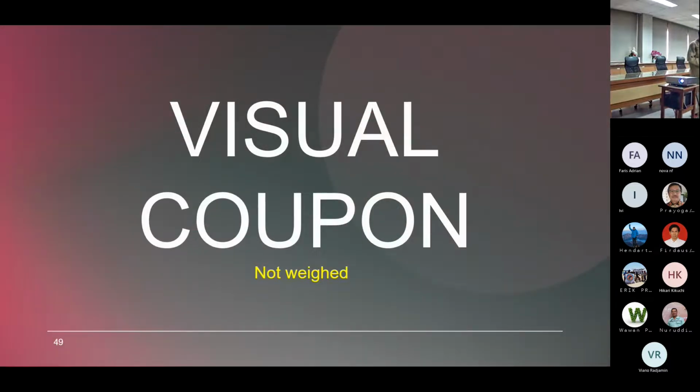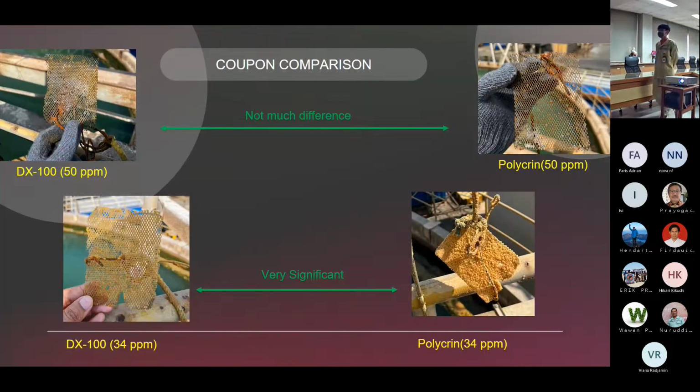Because some data is invalid, we just give a conclusion. The conclusion is the visual coupon, but the visual coupon is not conclusive yet because we don't have enough time for that. So next, talk about the DX100 and polyclean at 34 ppm, the difference is very significant. And how about the 50 ppm, Mev-Ano?